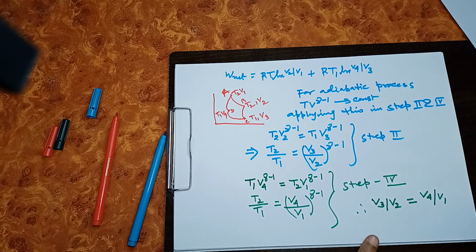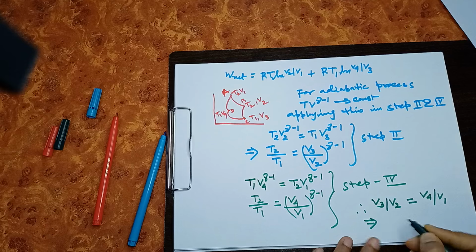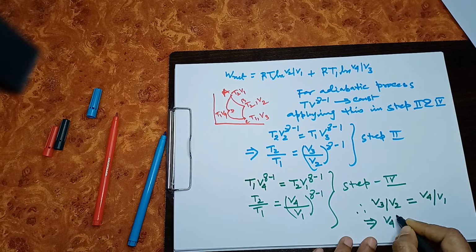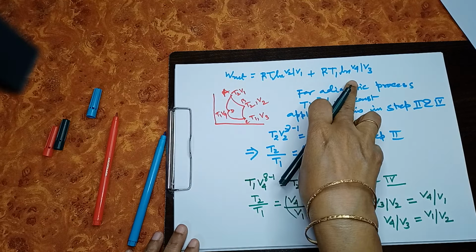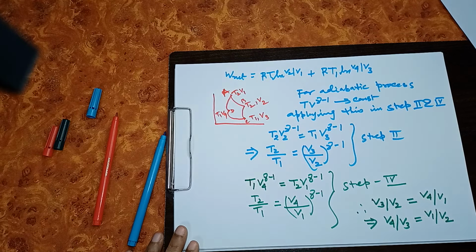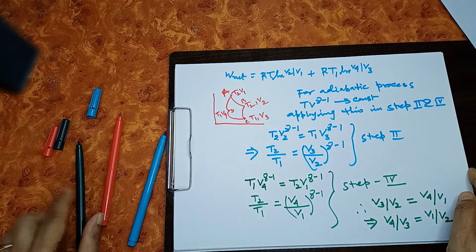Okay. So V4 by V3 will be equal to V1 by V2. So in place of V4 by V3, I can write V1 by V2.